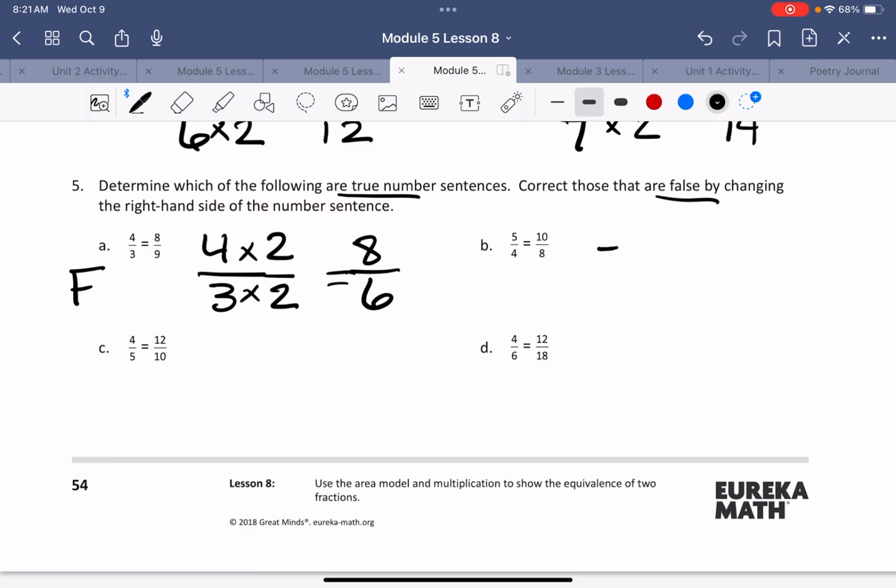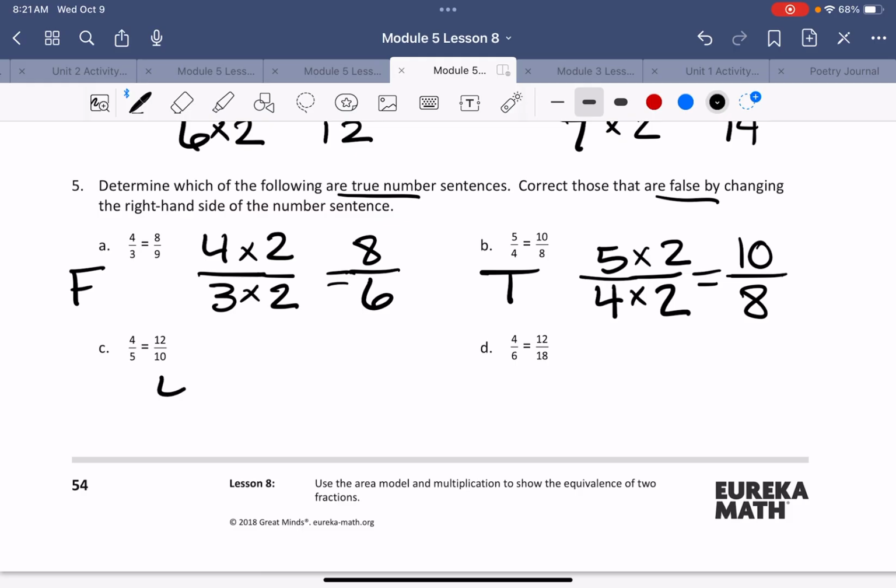B, 5/4. Can I times it by anything to equal 10/8? If I times 5 times 2, I get 10. 4 times 2, I get 8. So this one is true.